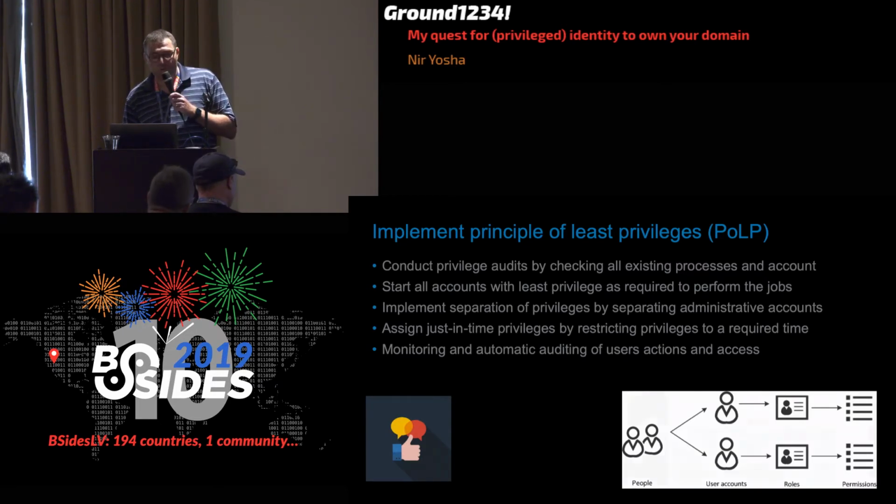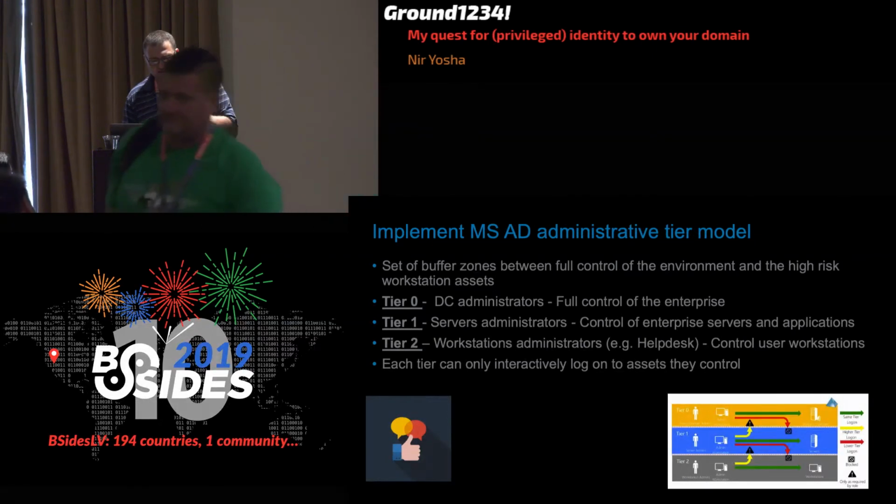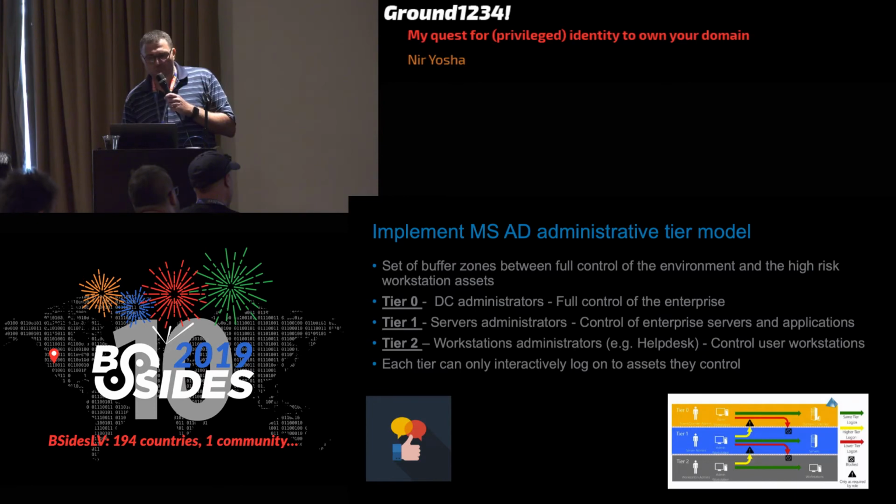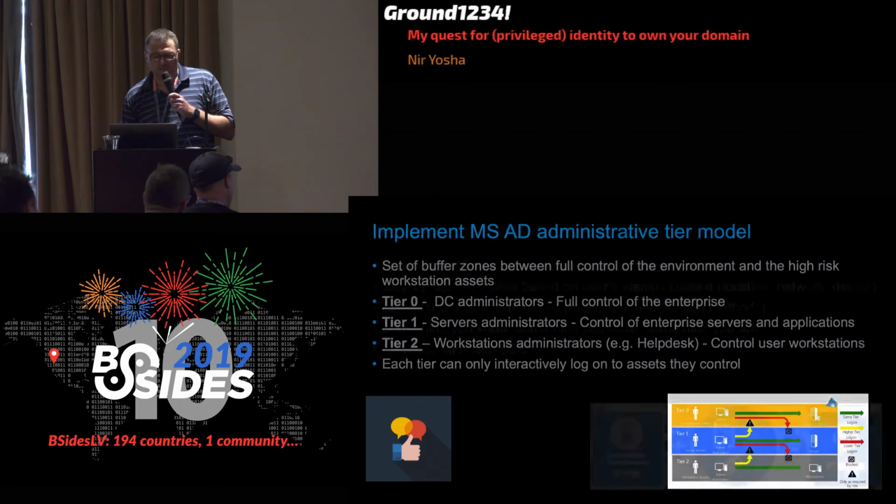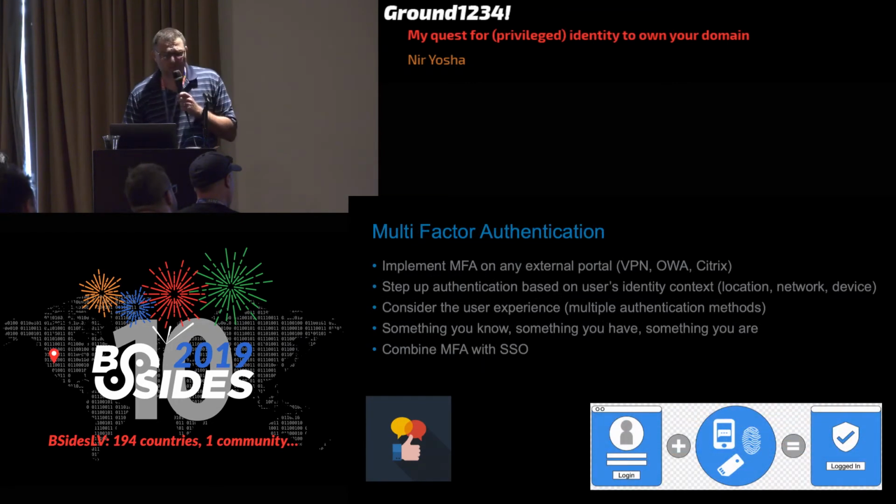And only at the time when they need it. And make sure you do the separation of tiers. So if someone is compromised, it doesn't bleed over to the servers and domain controllers. You want to make sure that all of those zones are buffered. And use multi-factor authentication, for God's sake.